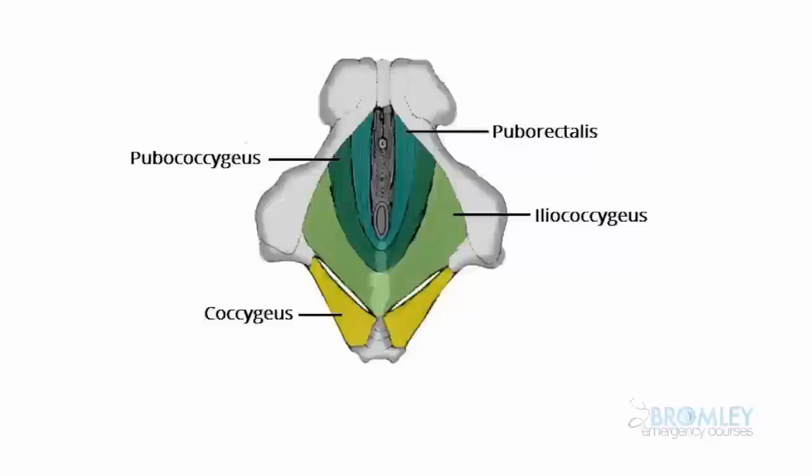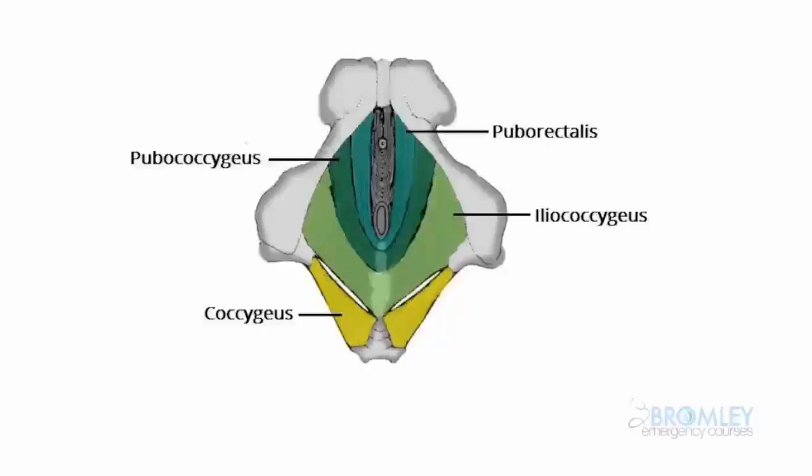On the other hand, pubococcygeus muscle: the muscle fibers of pubococcygeus are the main constituents of levator ani. Some of these fibers in the male divide and loop around the prostate, and in the female, they loop around the vagina.